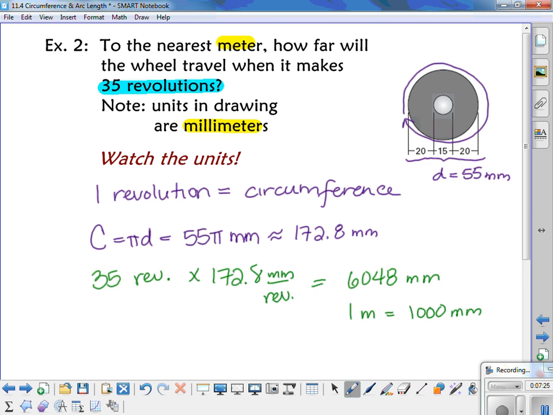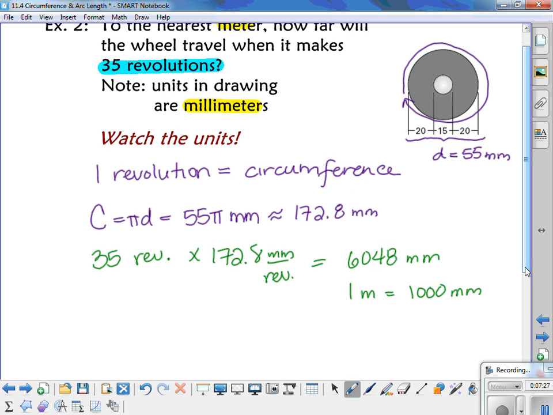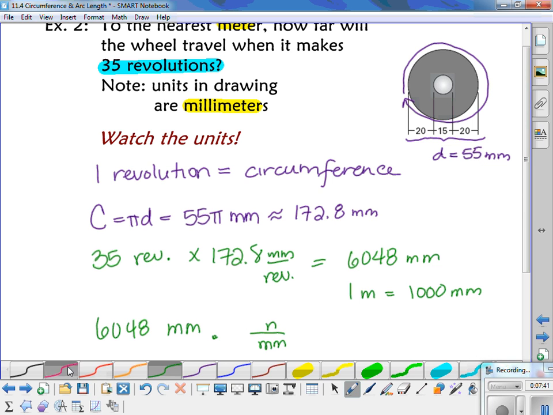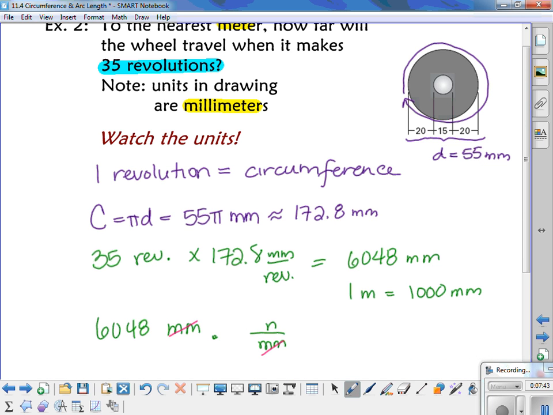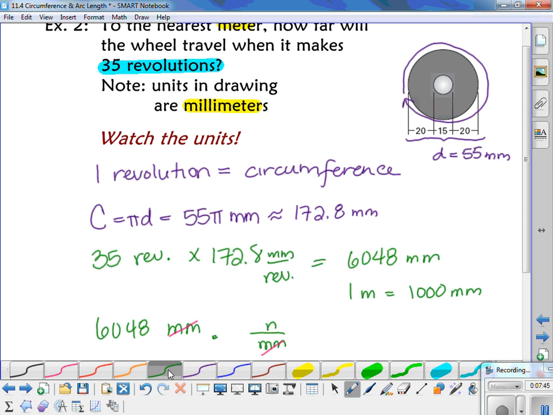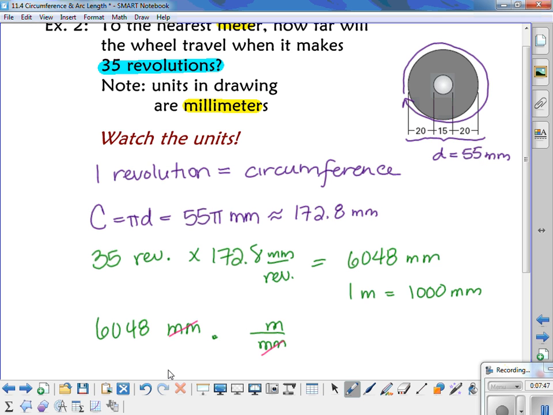So if I want to convert 6,048 millimeters into meters, that means I want to have my millimeters on the bottom and my meters on top, and that way the millimeters will cancel out and I will be left with meters.